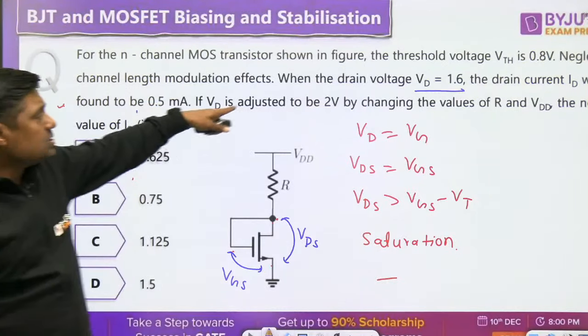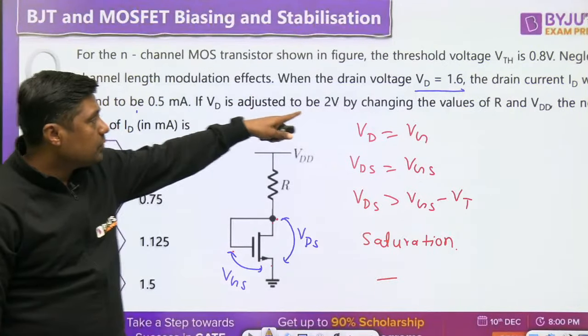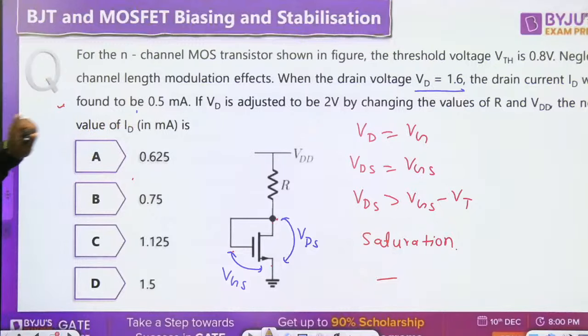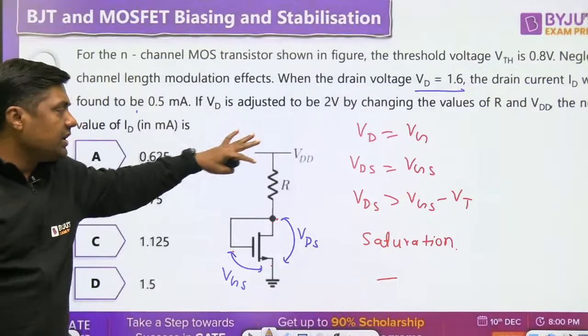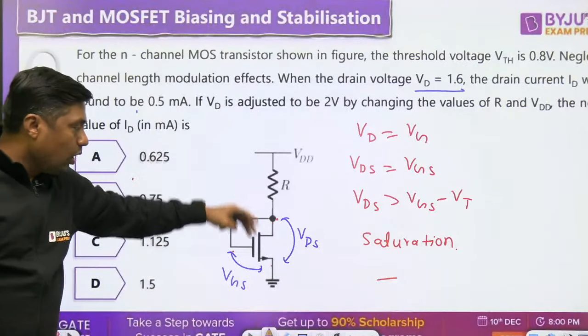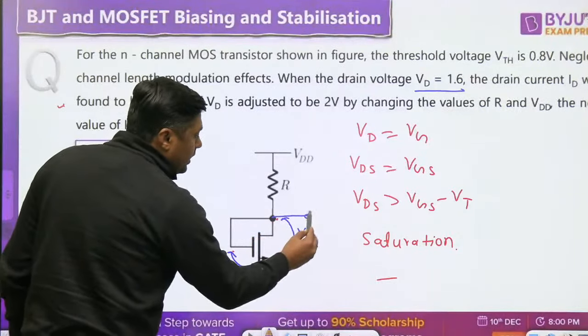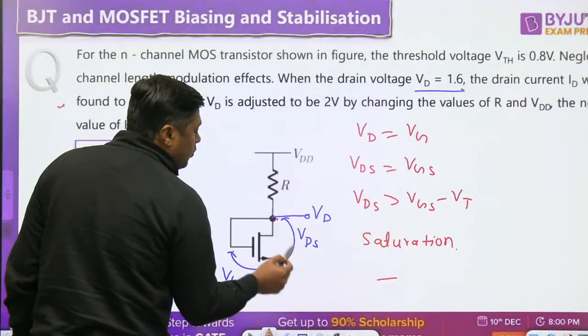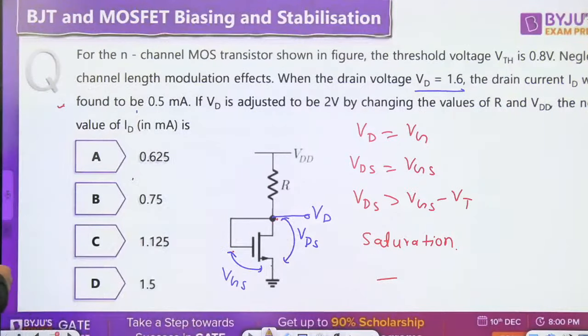In second case, VDS is 2 volt. You have to find the new value of ID. In this question, we are changing the value of VDD and RD so that we are changing the value of the current, the drop at this point VD, and what is asked here is the new value of the current. Okay.